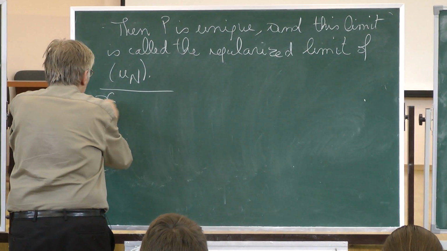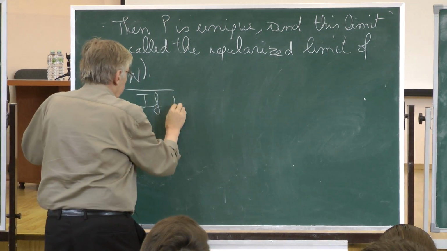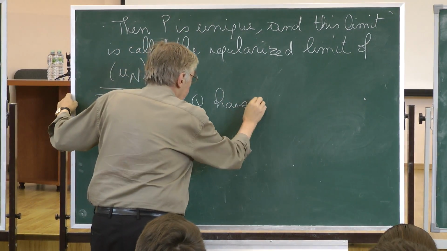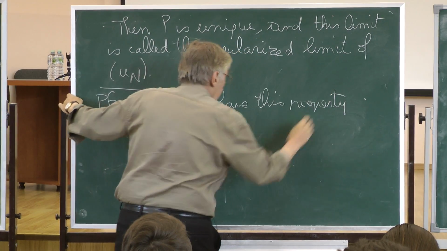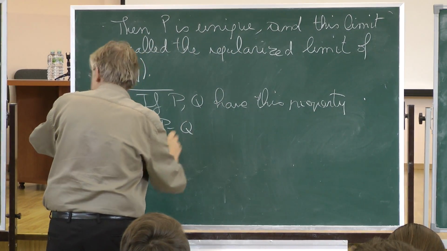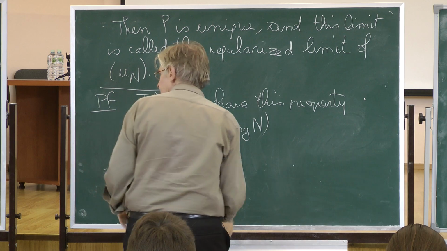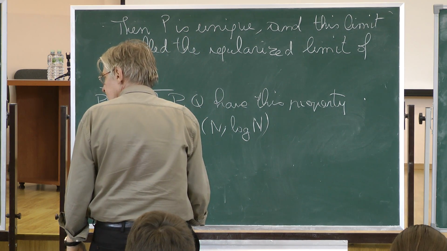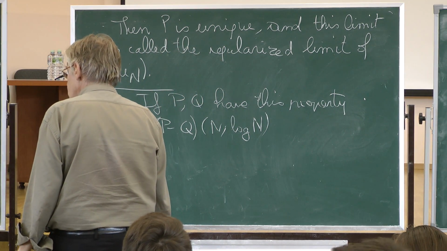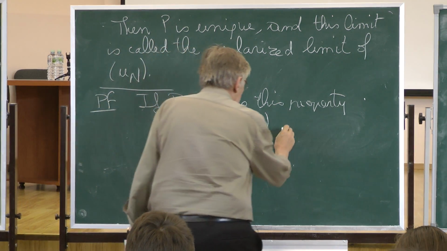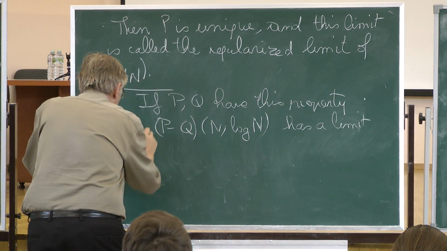So, proof of the uniqueness of P. If P and Q have this property, then P minus Q of n and log n has a limit when n goes to infinity.